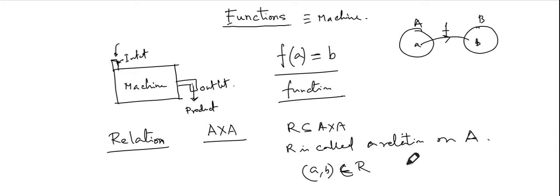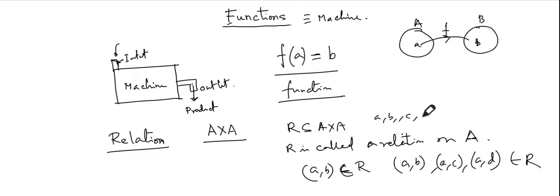In a relation, (a, b), again (a, c), again (a, d) may all belong to R, if a, b, c, d are elements of A. Then (a, b) is an element of A cross A, and that is also in R. (a, c) is an element of R. (a, d) is an element of R.